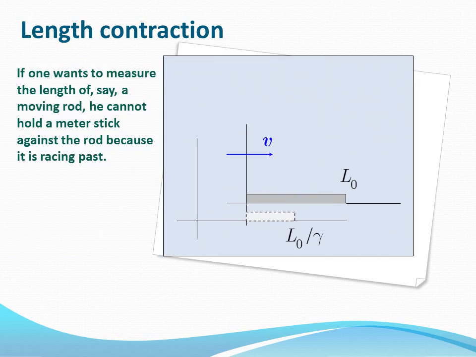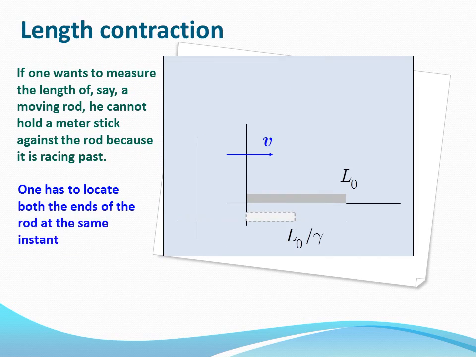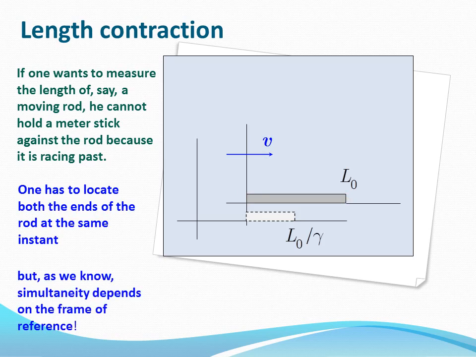Therefore, we have to follow a different procedure, which consists in locating both the ends of the road at the same time. But, as we know, simultaneity depends on the frame of reference.